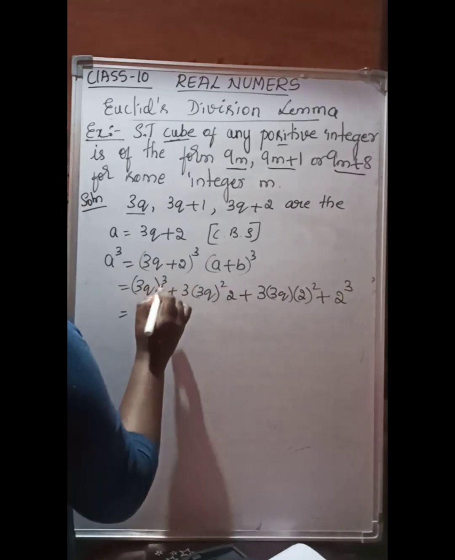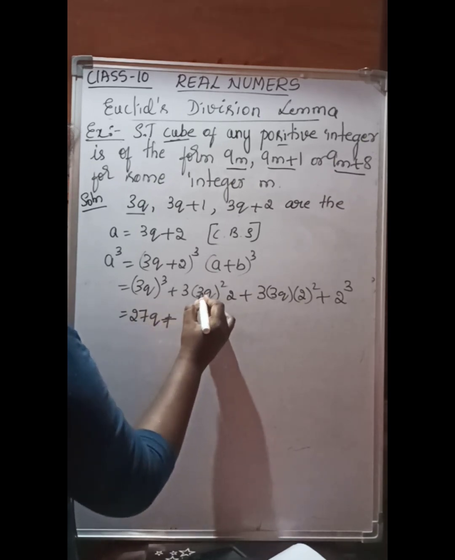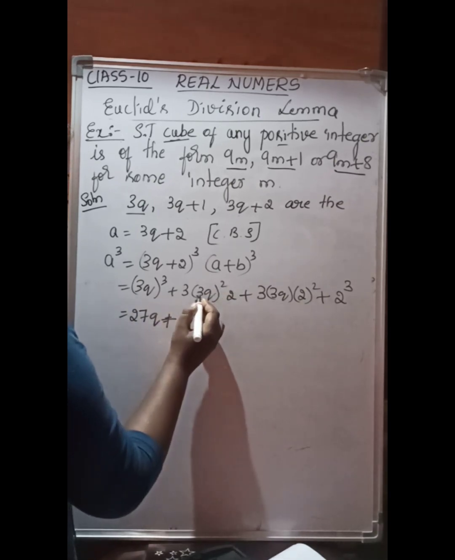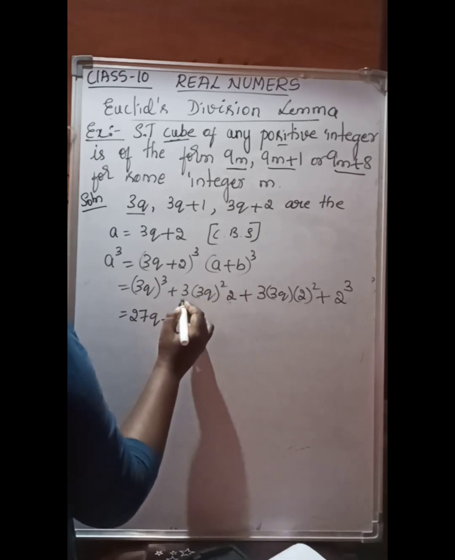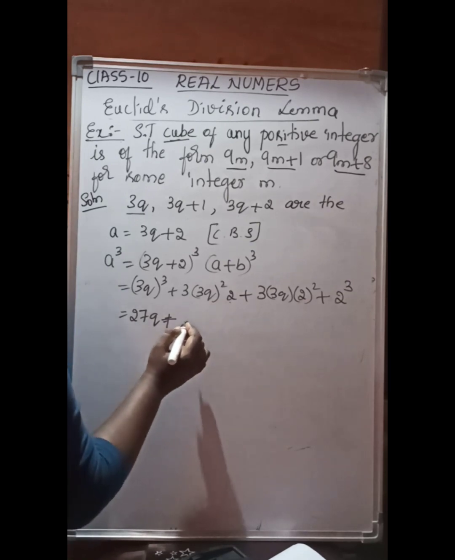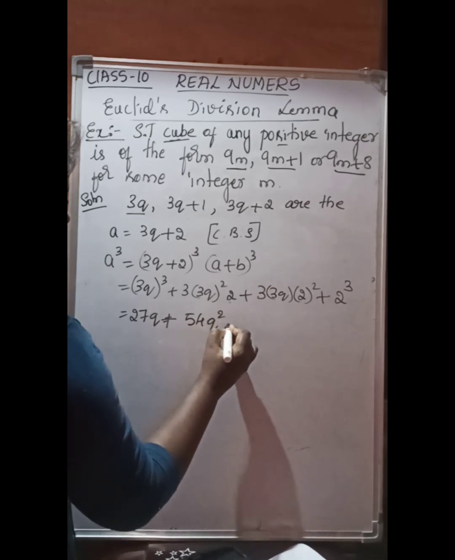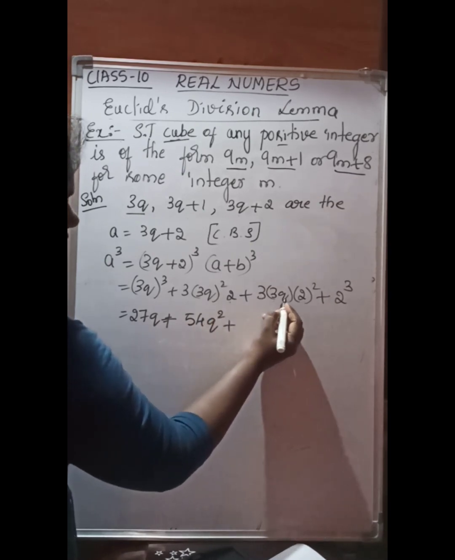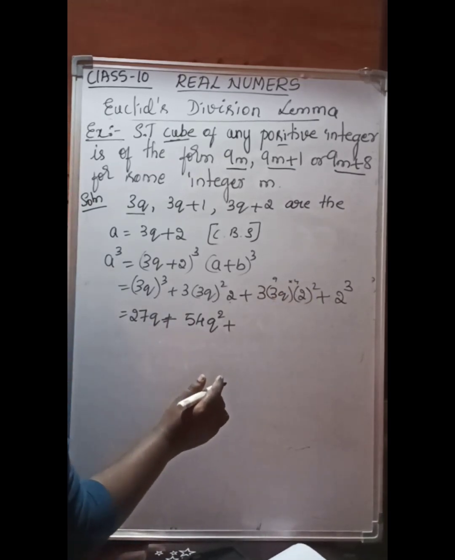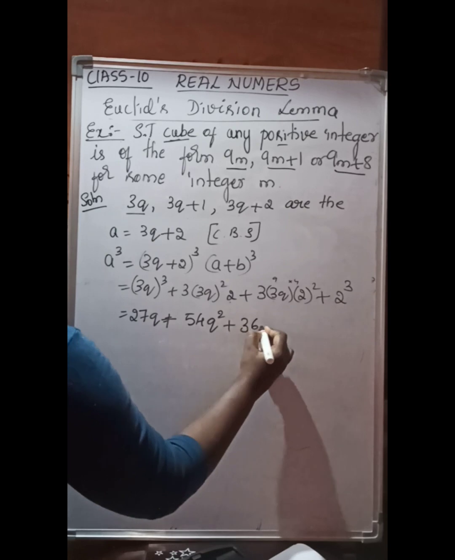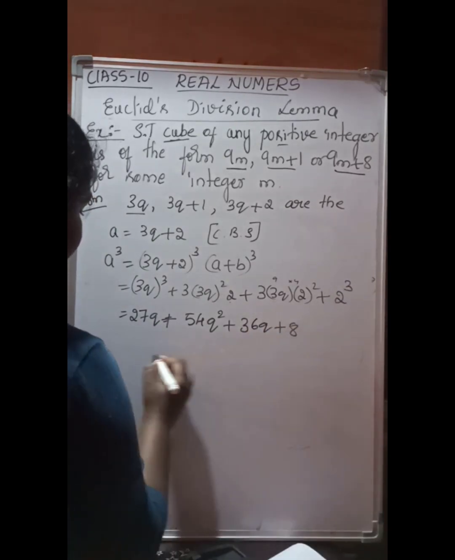So what will happen? 3 3s are 9, 9 3s are 27q cube, plus here 3 3s are 9, 9 2s are 18, 18 3s are 54q square you will get. Here 3 3s are 9, then here 2 2s are 4, so 9 4s are 36q you will get, plus 2 cube is nothing but 2 2s are 4, 4 2s are 8.